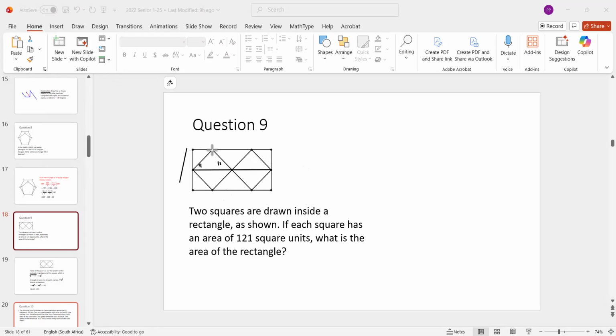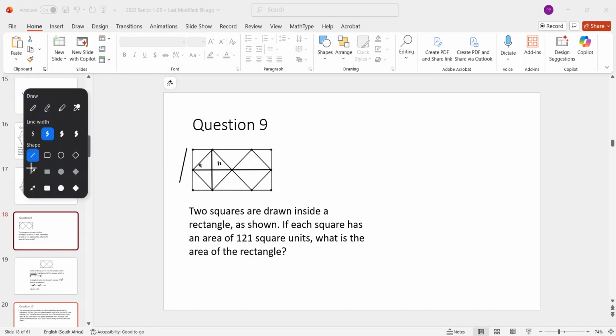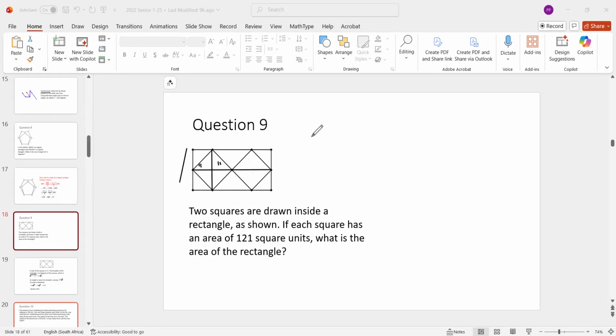Okay, so the length of the rectangle is twice the diagonal.